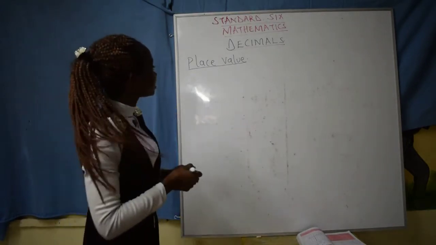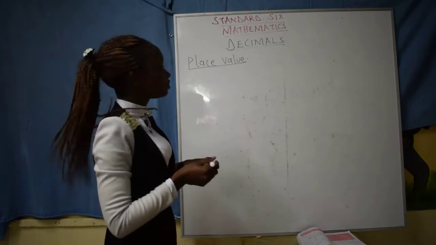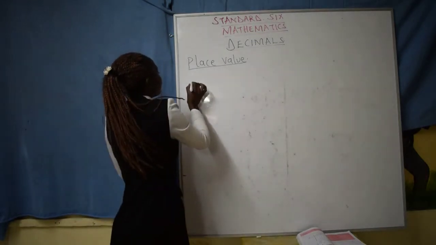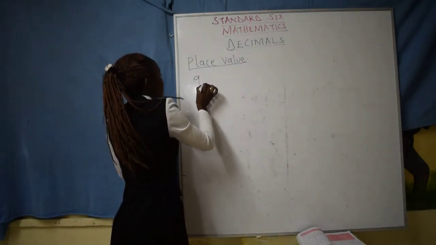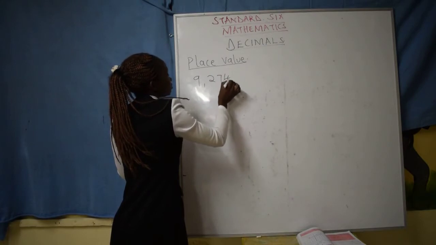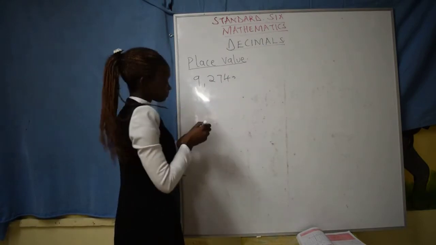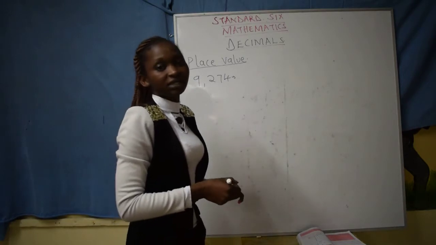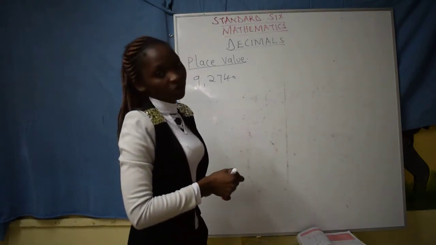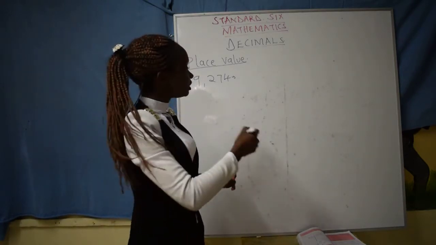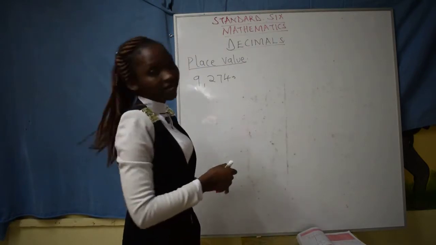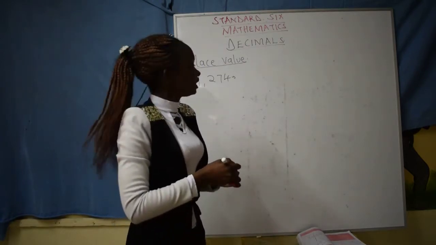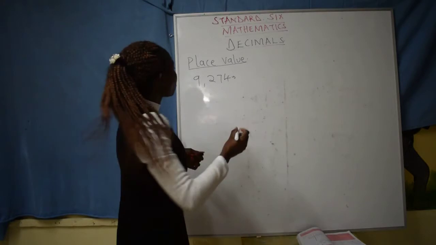For example, when we are dealing with the place value of numbers, if you are given a number like 9,274, when we are giving the place value I said we begin from the right side, with the lowest place value, which is ones.